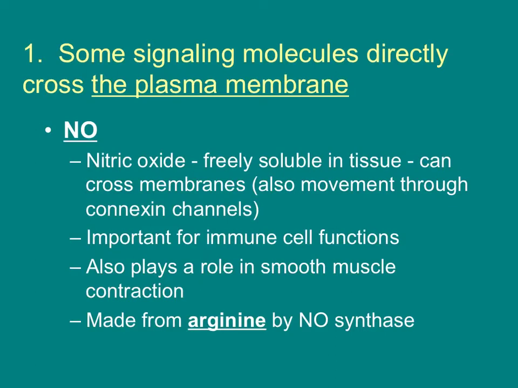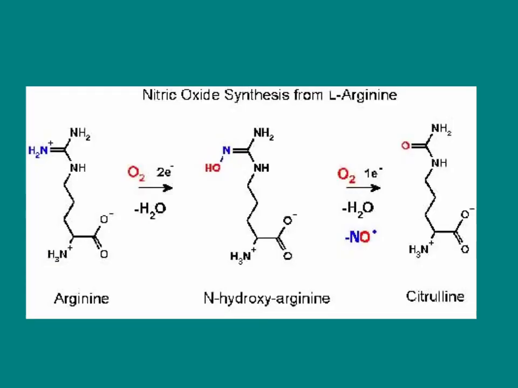And one really interesting thing is that nitric oxide is actually made from arginine. What's arginine? Amino acid. Pretty sure those amino acids are going to keep coming back and biting you. On exams, maybe. So nitric oxide is actually made by an enzyme called nitric oxide synthase, or synthetase. NOS.